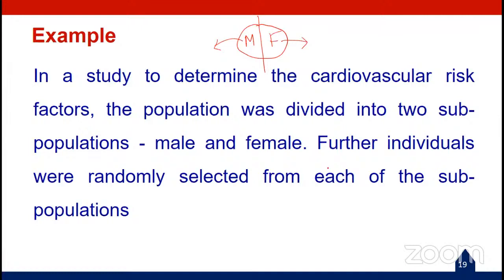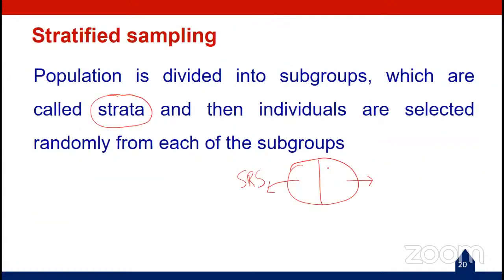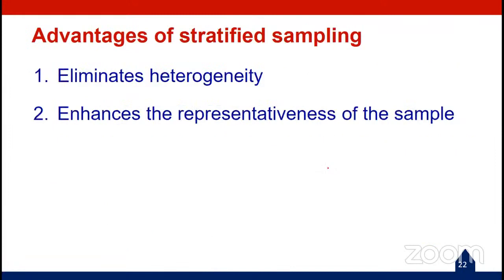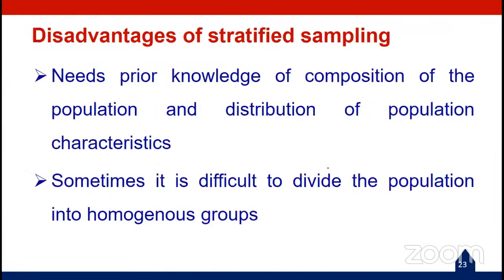Then only we would be able to divide the population. So it requires additional information about the sampling units. Then only you would be able to stratify the population.